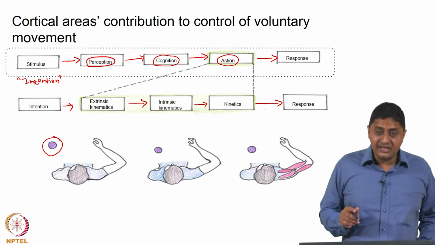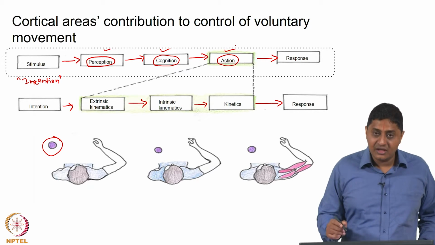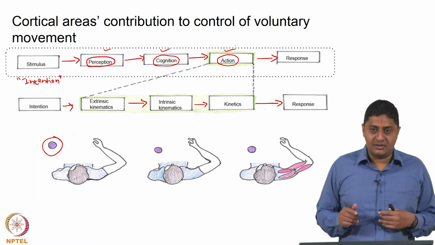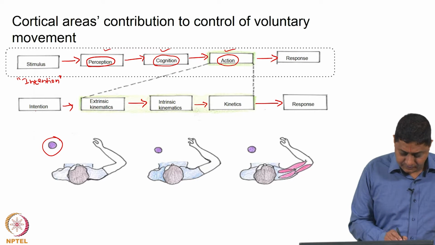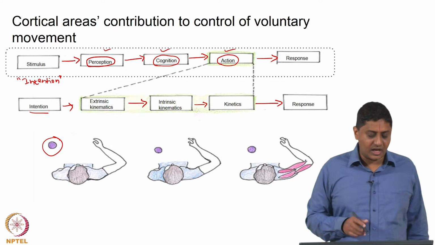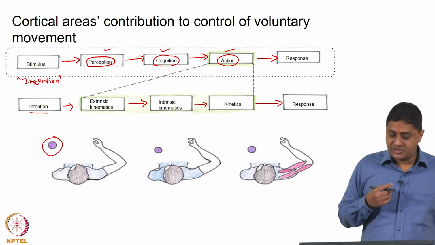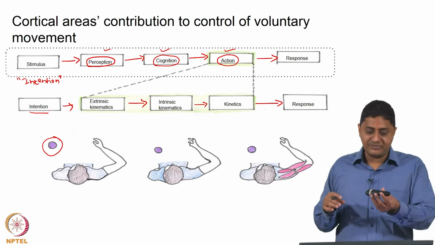Also note, each of these boxes such as perception, cognition, action could involve its own serial processes. For example, if we have an intention to make a movement or a stimulus that is driving a movement, suppose I want to pick up an object on the table.